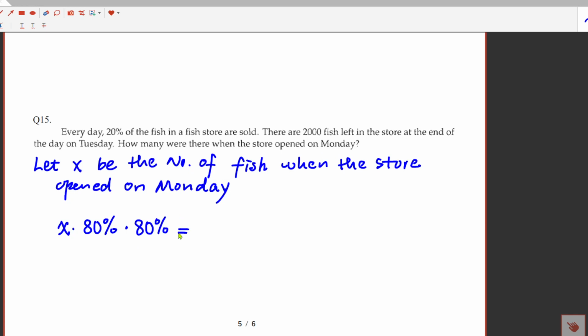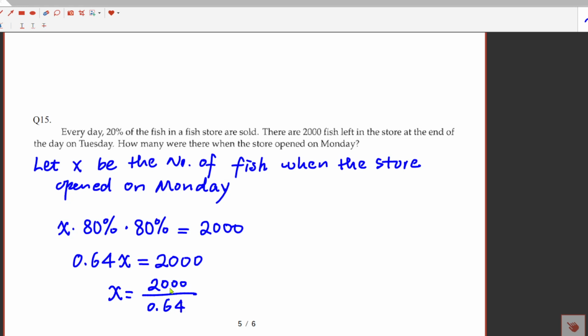And we know that this number equals 2,000, right? So basically this gives us 0.64x equals 2,000. And of course x equals 2,000 over 0.64, and that number is 3125.